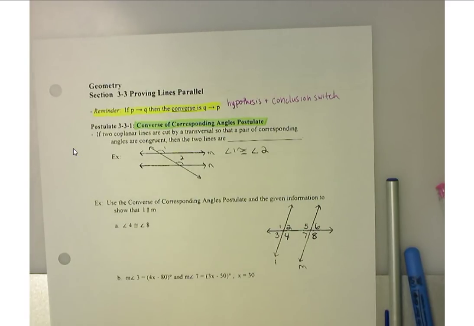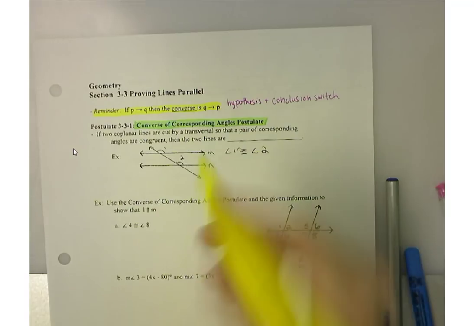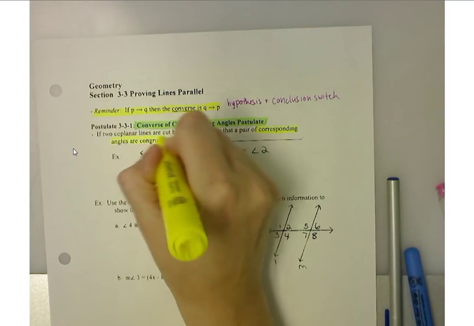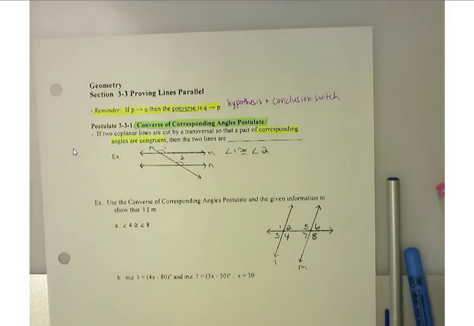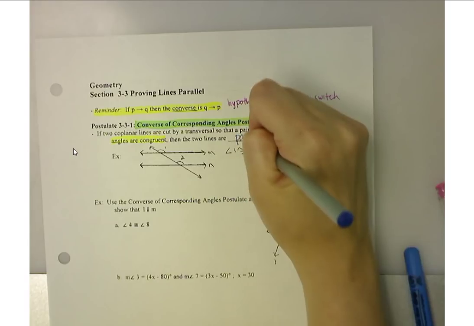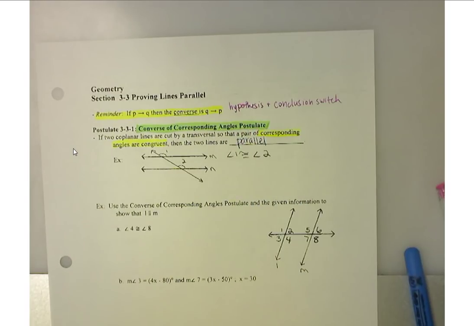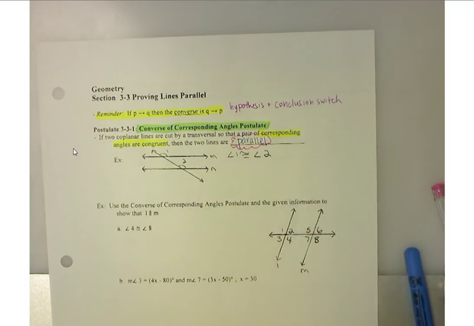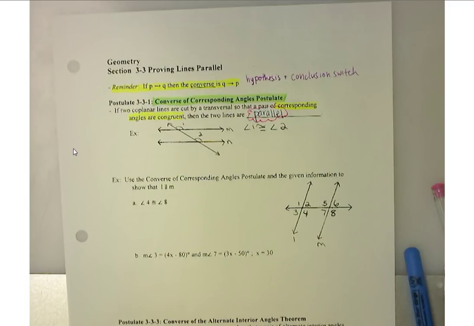This says if two coplanar lines are cut by a transversal so that a pair of corresponding angles are congruent, then the two lines are parallel. So remember, we started talking about parallel. Now it's what we're going to end with. We'll put this in a nice little cloud here, a parallel cloud.